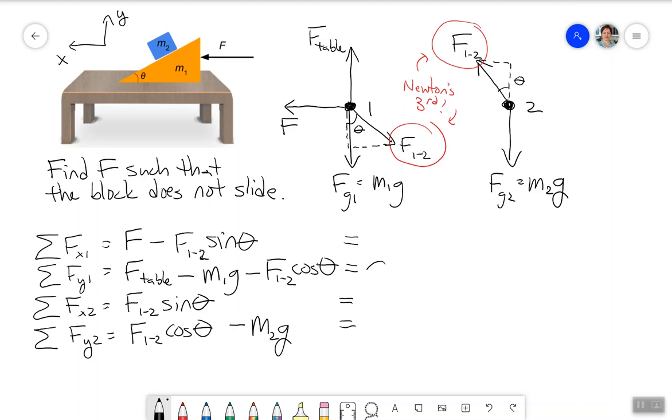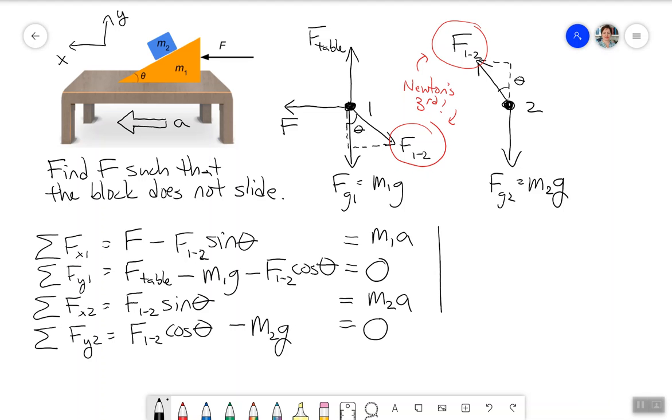Both of the y equations, there is no acceleration in the y direction. We were told in the problem that the thing only moves along the table. So acceleration is in the x direction, and because m2 does not move with respect to m1, they both have the same acceleration. So we get m1 times a and m2 times a.